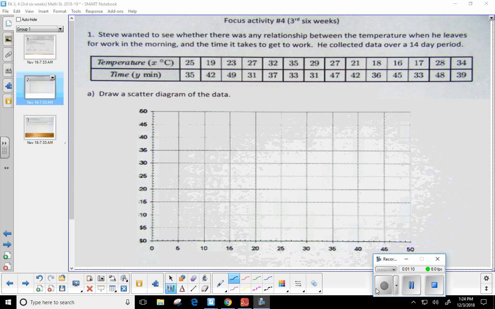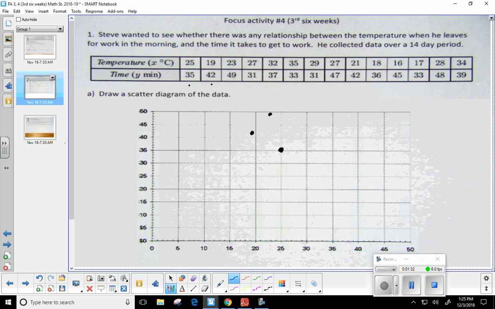Okay, starting with, bless you, 25, 35. So that would put me right here. And this will probably just take about a moment. Let's go ahead and plot all these. So 19 would give me 42. So let's say maybe right about there. Okay. And then 23, 49. So go all the way up.